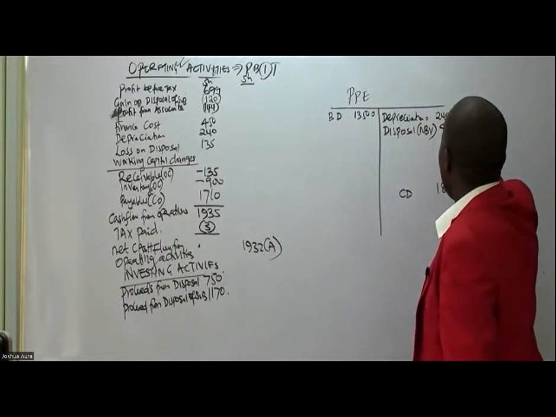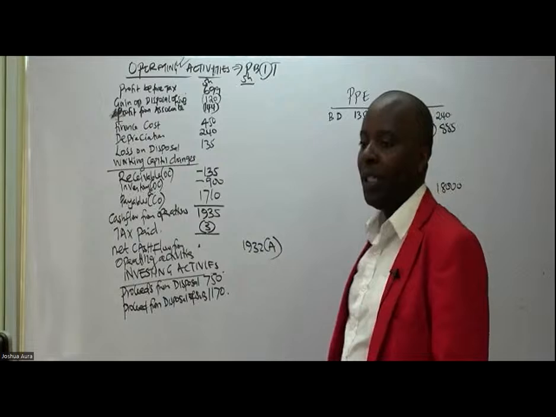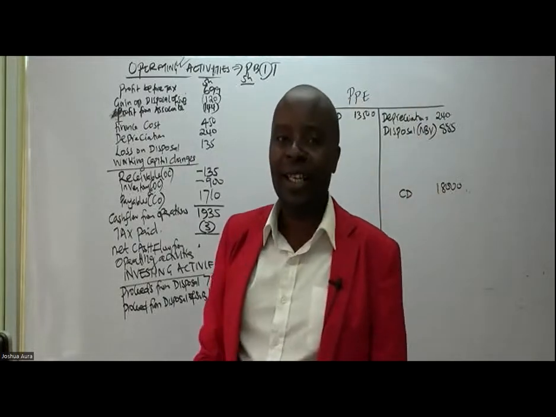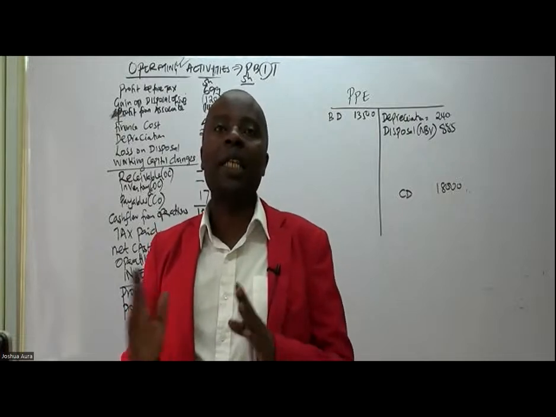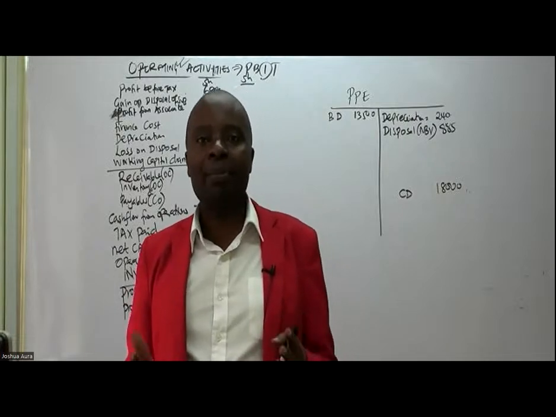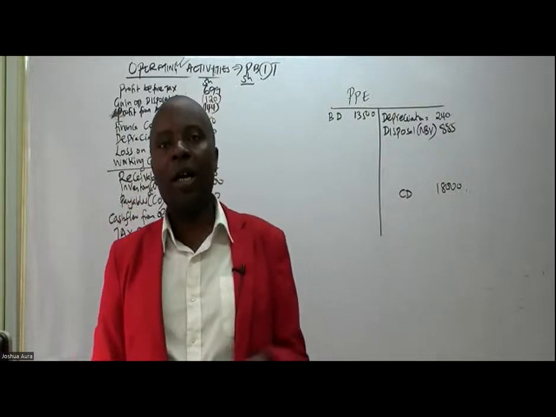Now, the other thing that will affect us is the subsidiary that was disposed. This subsidiary went away with some property, plant, and equipment. It had some PPE that will reduce our value there.